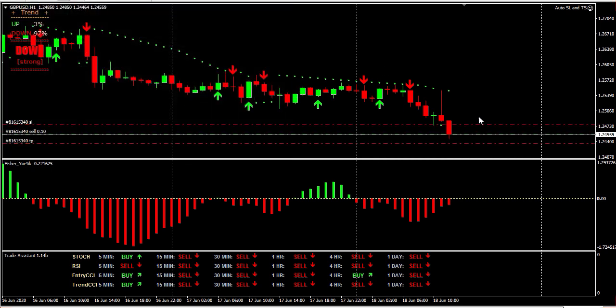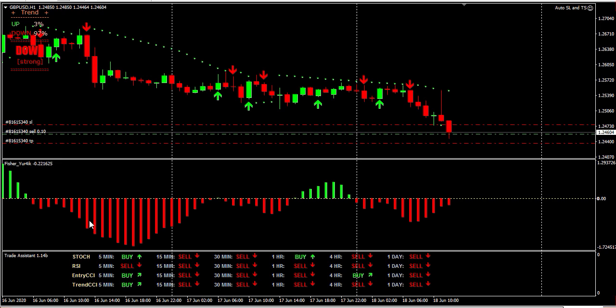Now as soon as you sold it, the auto stop loss and auto take profit have been set up: stop loss of 20 pips and take profit of 20 pips. Now we will come back later.